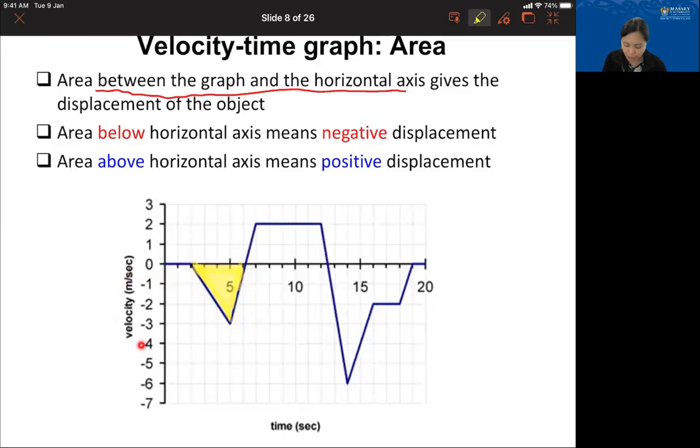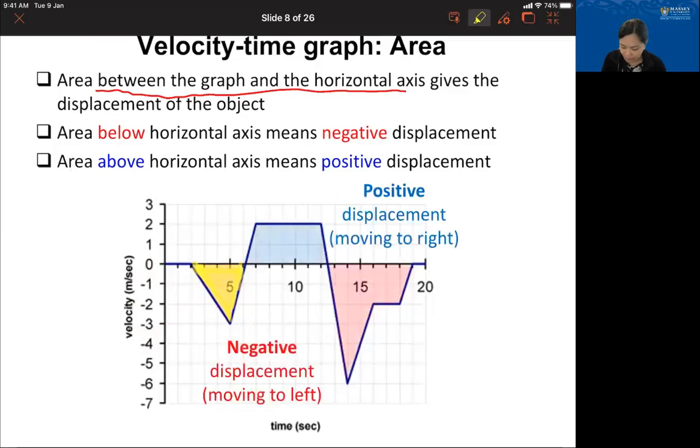If you look at the values for the velocity, the values are also negative, and we learned last time that negative velocities mean that the object is moving to the left or moving downward, and that gives you negative displacement, right? Okay, so negative displacements mean that the area you're calculating is below the horizontal axis.